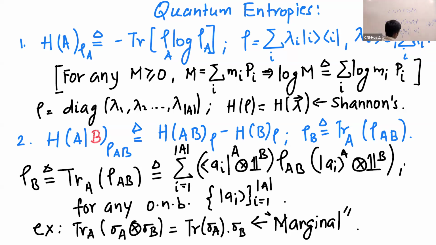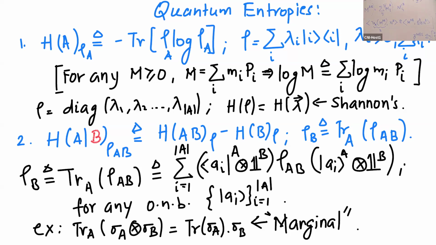And if I have this with some operator N, which is on B, then the definition is essentially this: M on AB, identity on A tensor N on B. So this is how partial trace is defined abstractly. But we don't need any of this as of now.